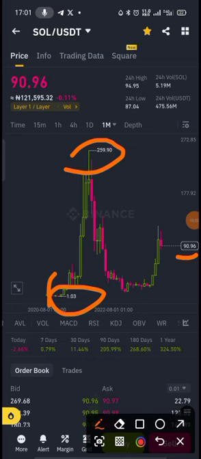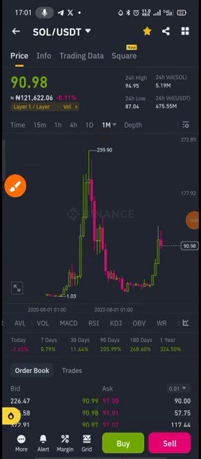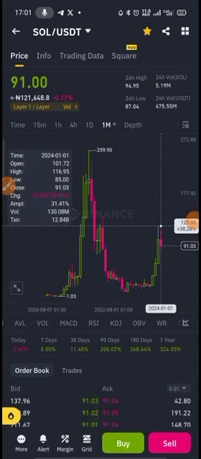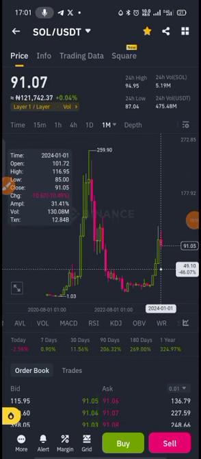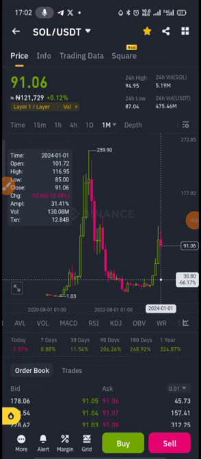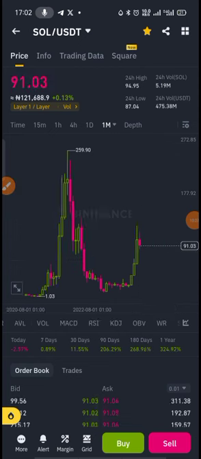So far we see Solana trying to rally back up to see if it can close above its all-time high. It's trying to go back and close all these gaps you are seeing here. That's good. Well, that's that for Solana.